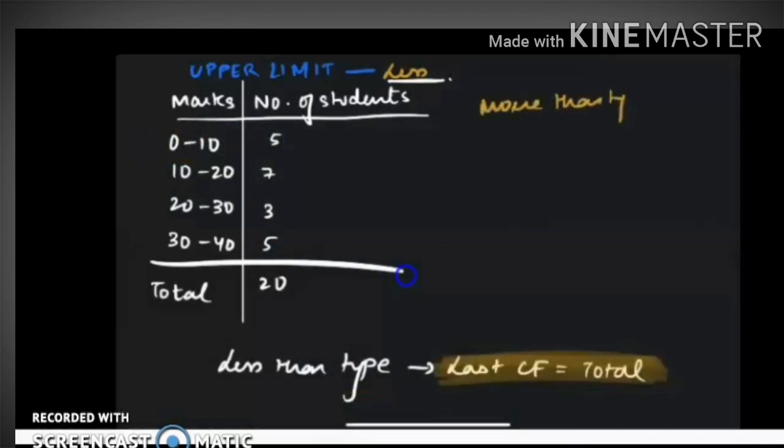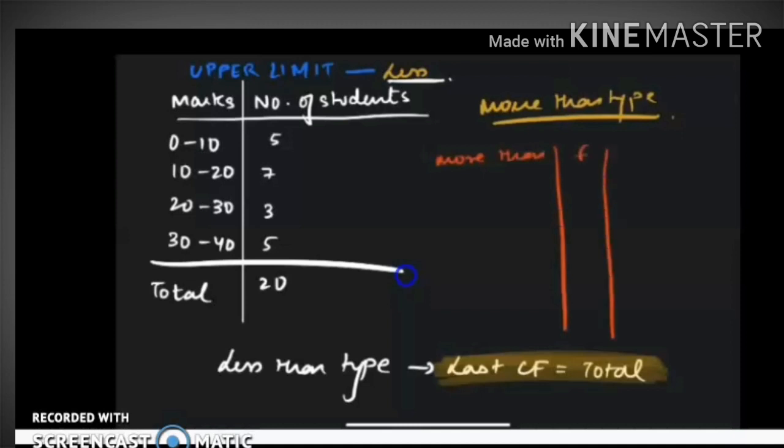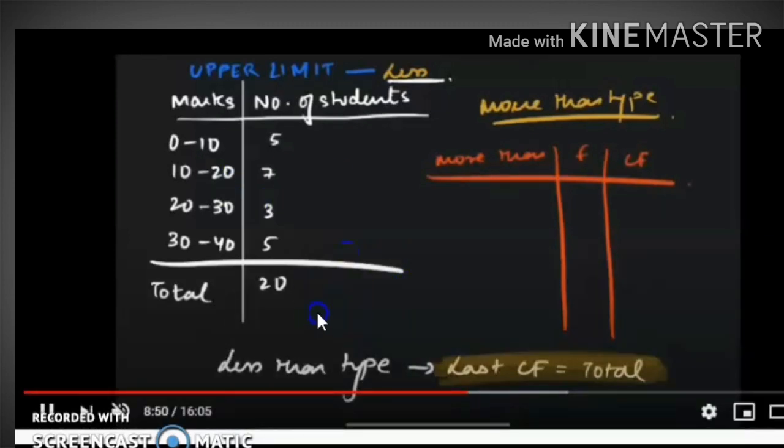And next you will be studying the more than type. So how will you find more than? For the more than type, you have to take 0, 10, 20, 30. So you have to write more than 0, and next more than 10.